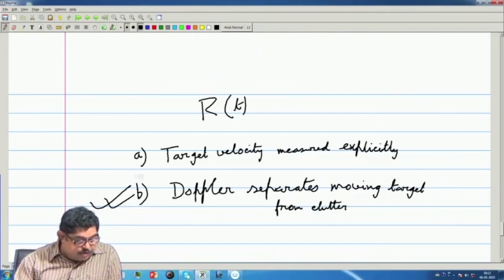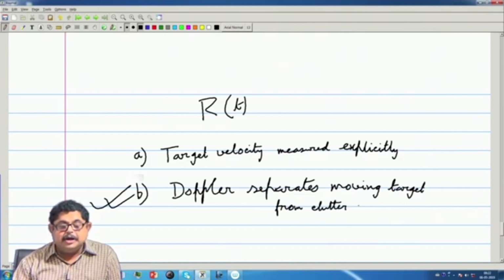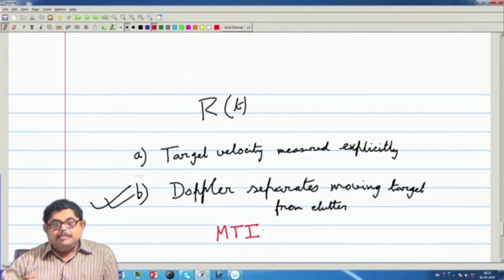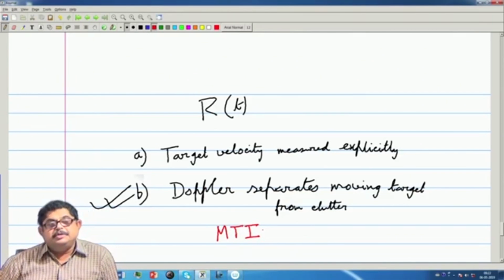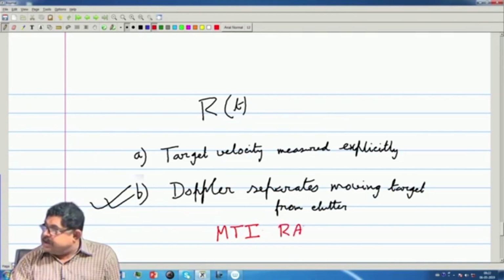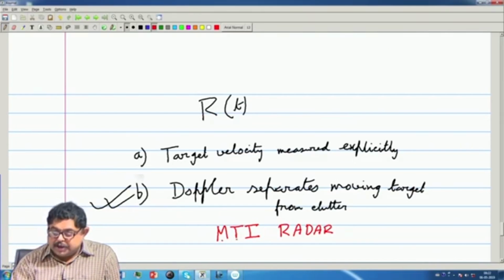Now, with this capability of separating the moving target from clutter, or indicating which one is a moving target, there is a name: one class of radar is called MTI radar, or MTI capability. So, those radars which have this MTI capability are called MTI radar. MTI stands for moving target indicator.